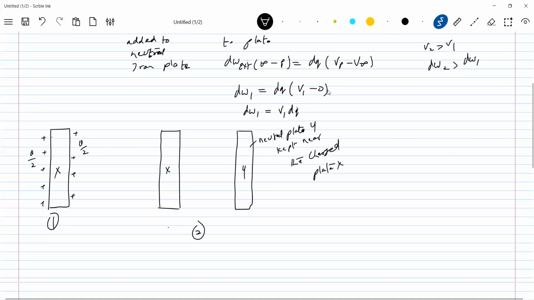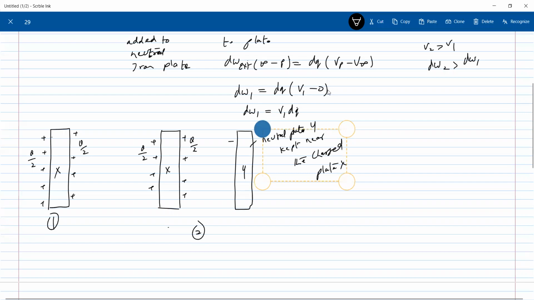As it was having a charge plus Q by 2, because all the charge given will divide, it will induce a charge.